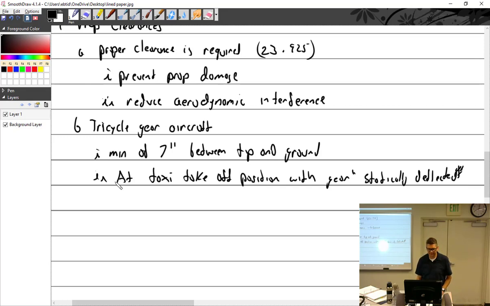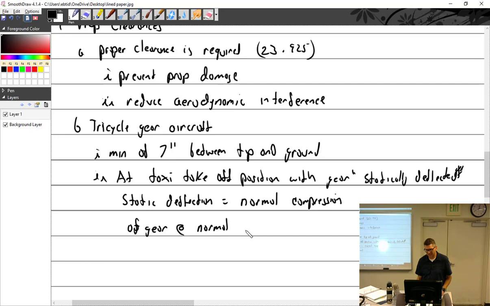So on suspension, let's say normal compression of gear at normal weight.